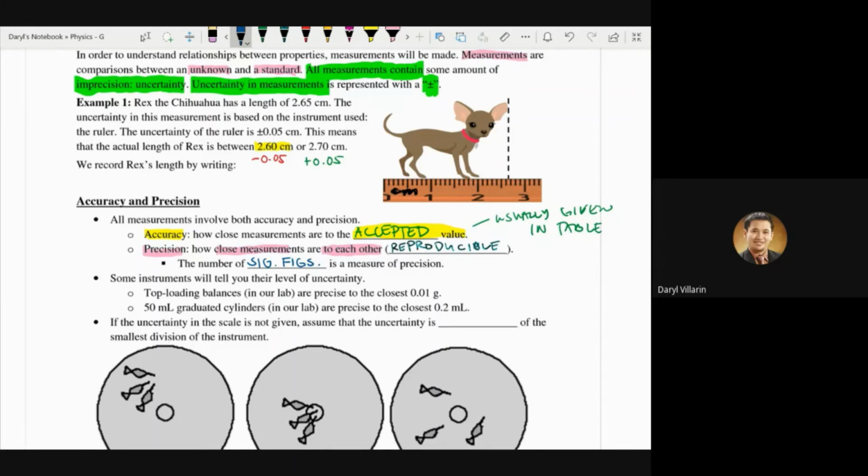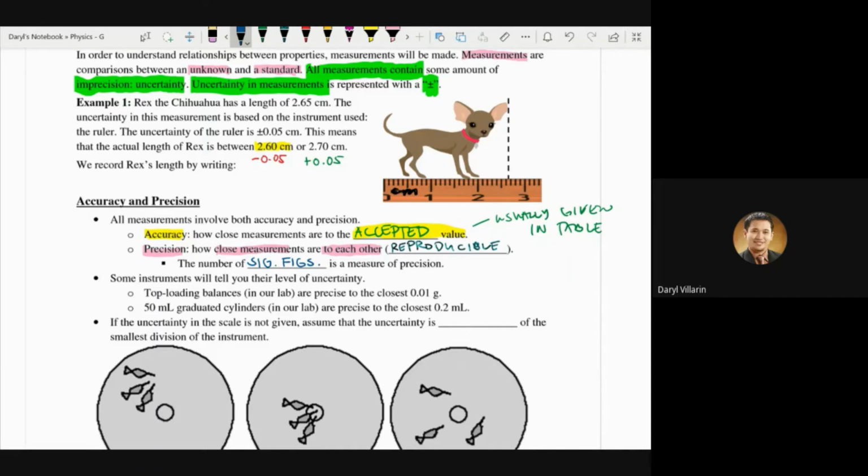So that is more precise. Again, we're not yet sure if it is accurate, because accuracy means that it should be compared to the accepted value. Okay, so see the difference between the two.